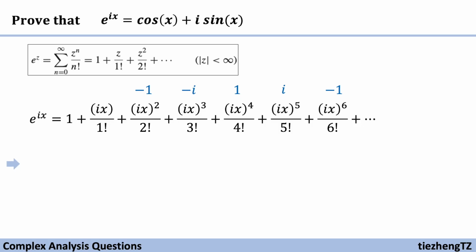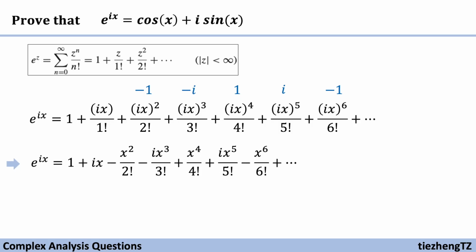So let's rewrite this. e to the power of ix becomes 1 plus ix minus x squared over 2 factorial minus i times x cubed over 3 factorial plus x to the power of 4 over 4 factorial. And you can just keep writing until some stopping point that you are satisfied with, but here I just stop at 6.